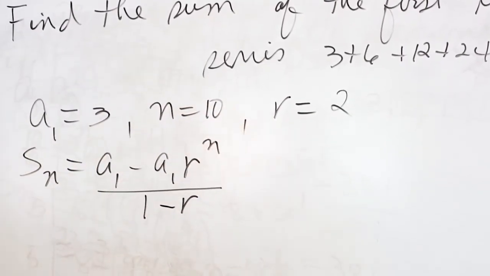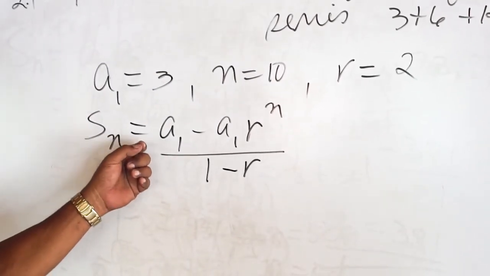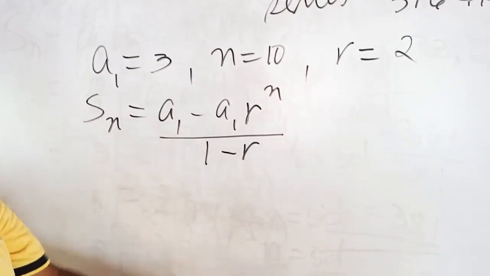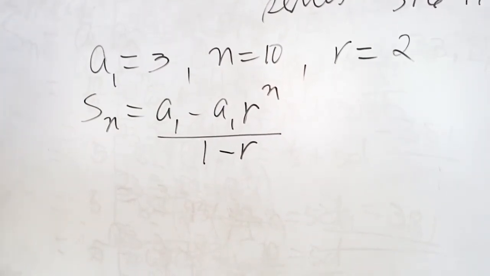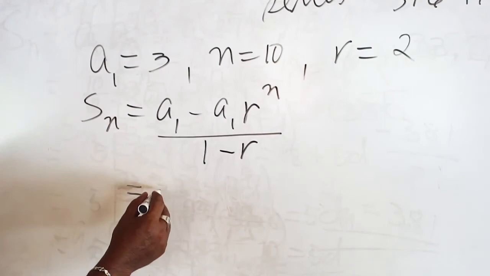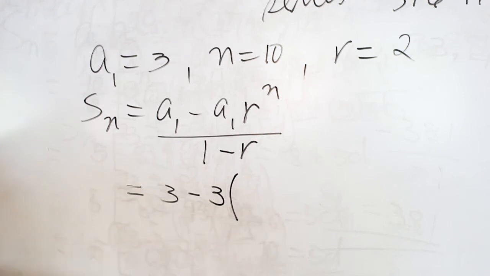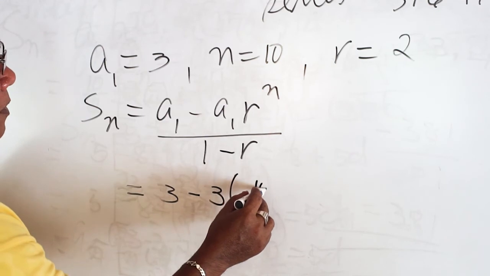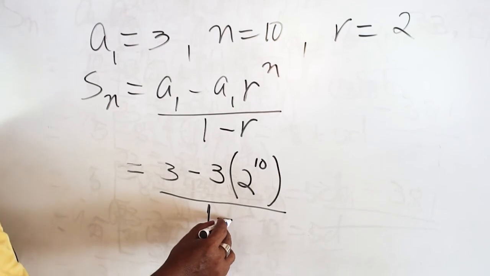Then the formula, we have S subscript n equals a subscript 1 minus a subscript 1, then multiply it by r, raise the power of n, then divide it by 1 minus r. Okay, so we substitute. The first term is 3, then we have 3 multiplied by the ratio 2, raise the power of 10, then divide it by 1 minus 2.